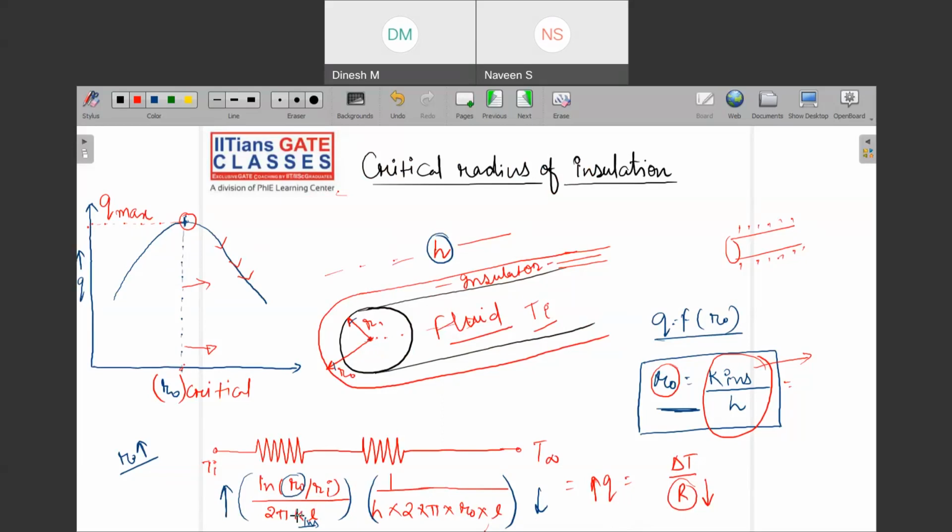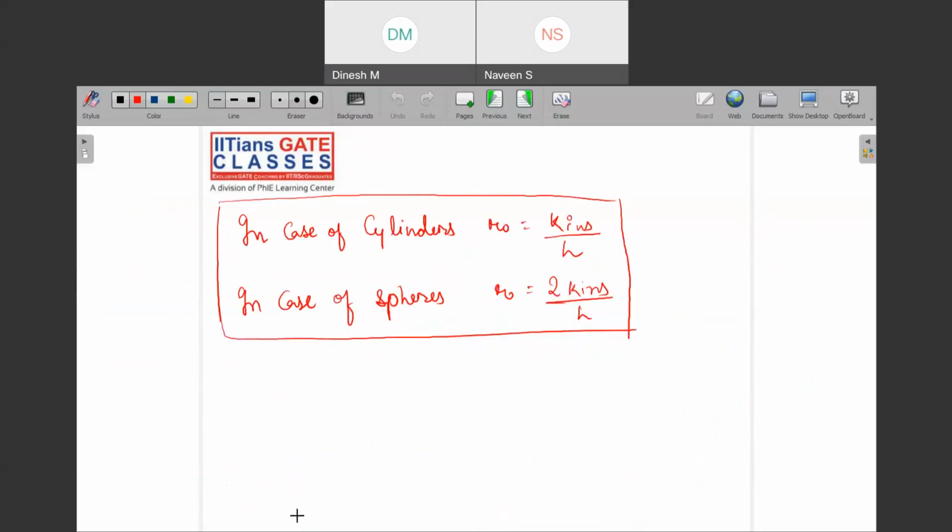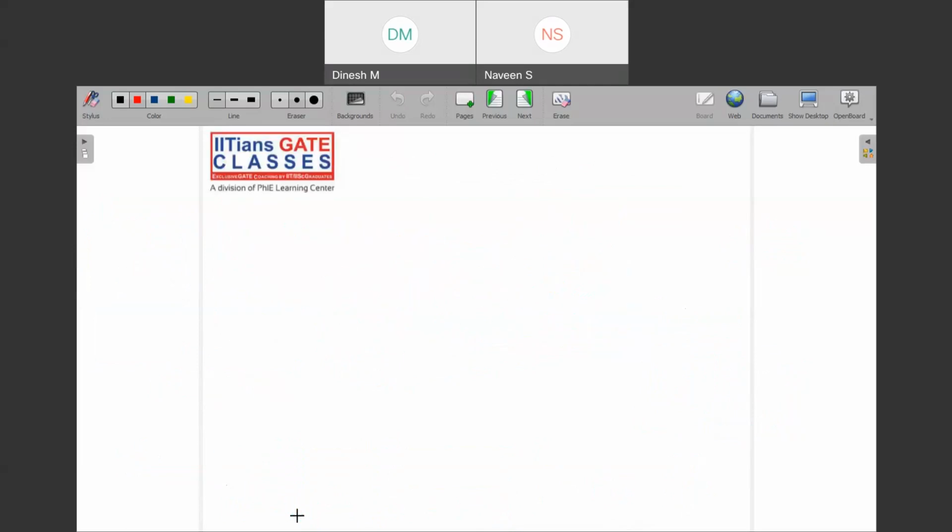Okay, now let us move to radial conduction through hollow spherical containers. Through what?